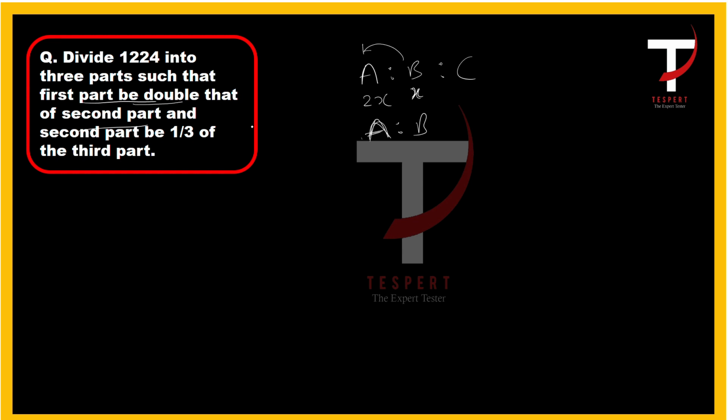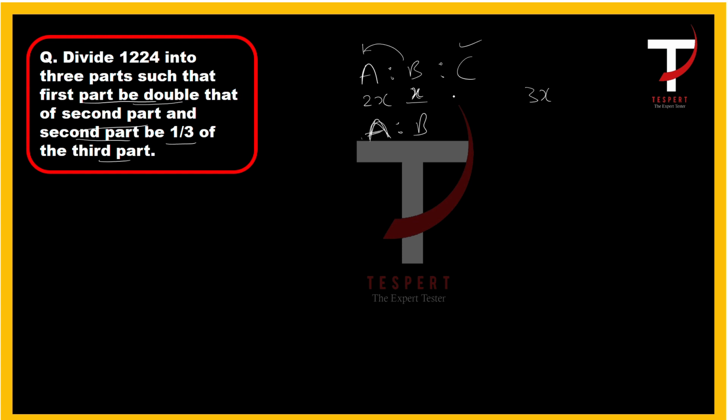What about the third part? The second part should be 1/3 of the third part, right? So if C is 3x, then B must be x, right?